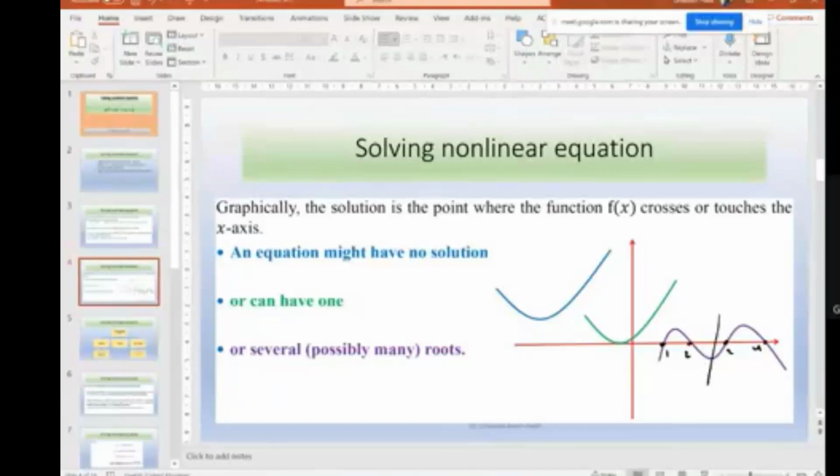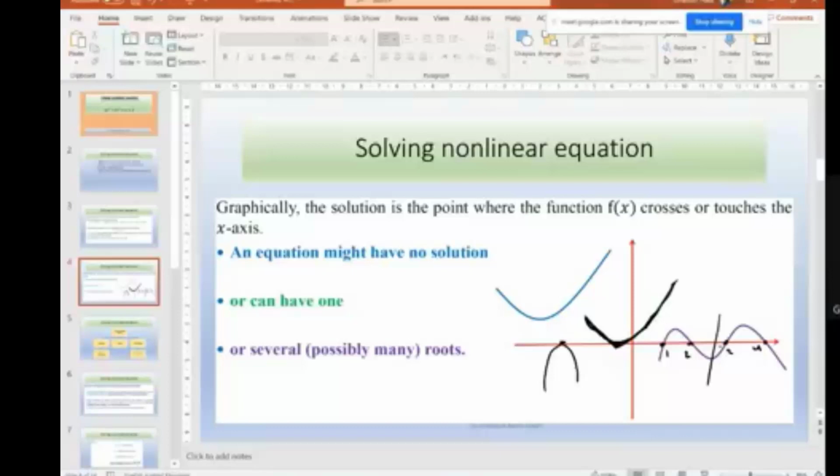Some equations have 1 root like this. This just touches the x-axis. It is not an intercept here, it just touches the x-axis. For this we have 1 root.